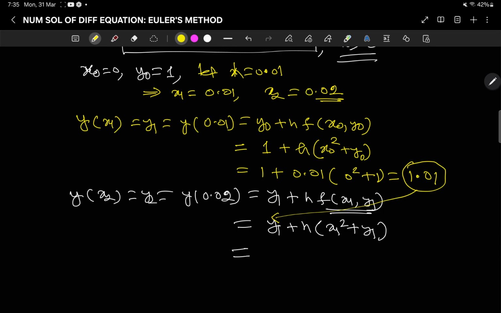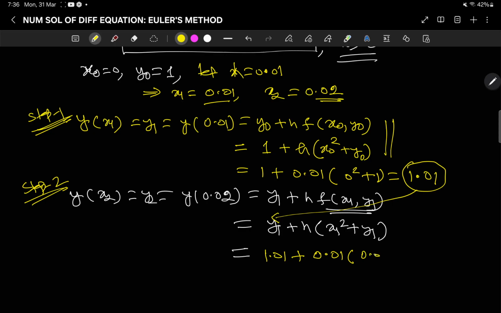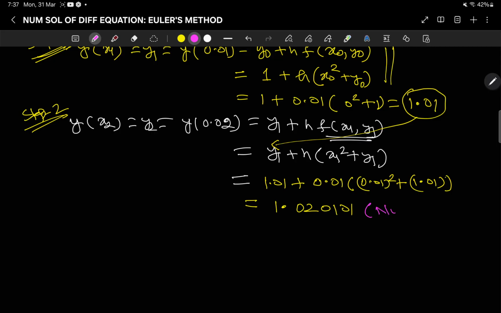That's why this method is a single step method, because the result of the previous step only is used in the subsequent step. So it is 1.01 plus 0.01 into (0.01 square plus 1.01). If I simplify it, it will be 1.020101. This is my numerical solution here.